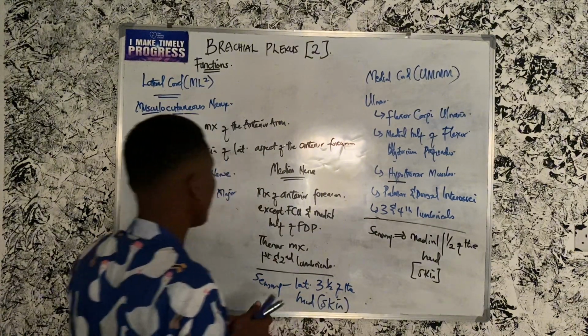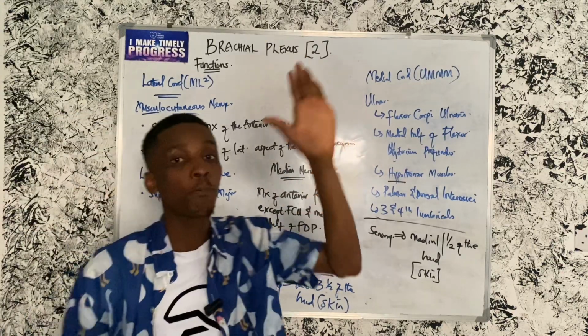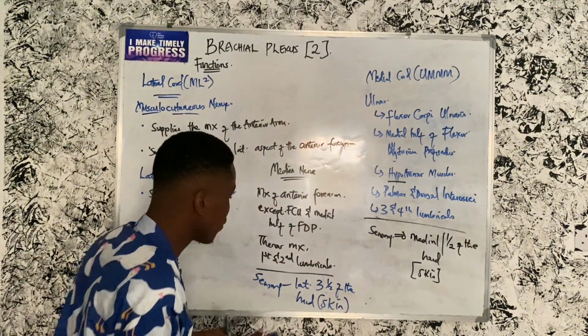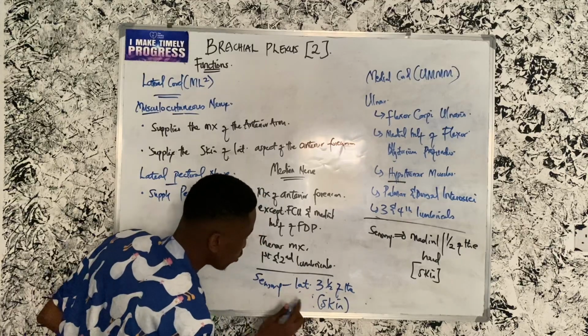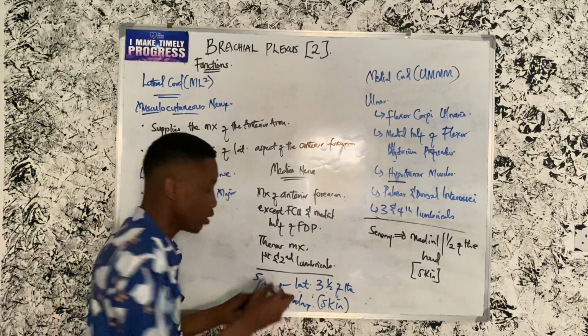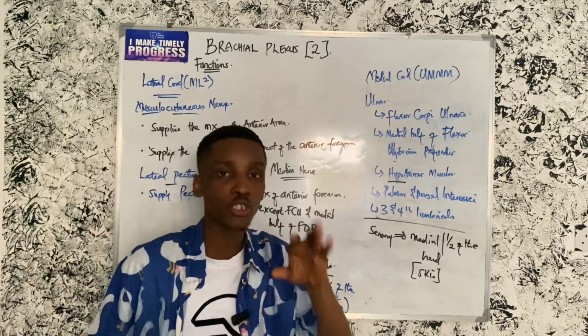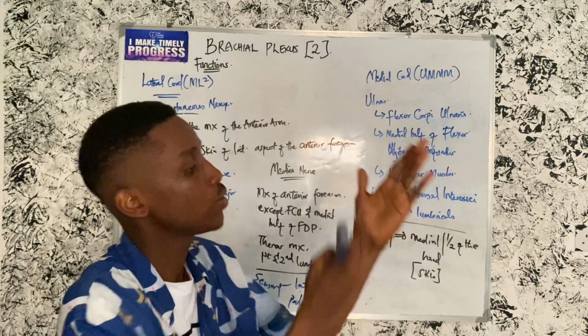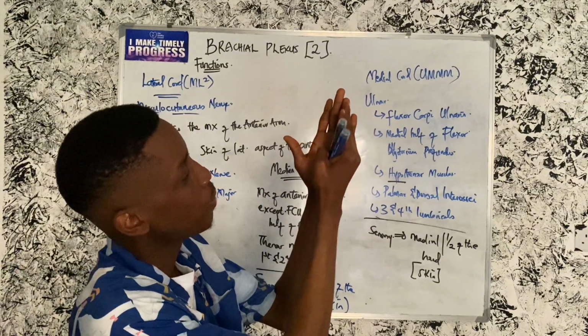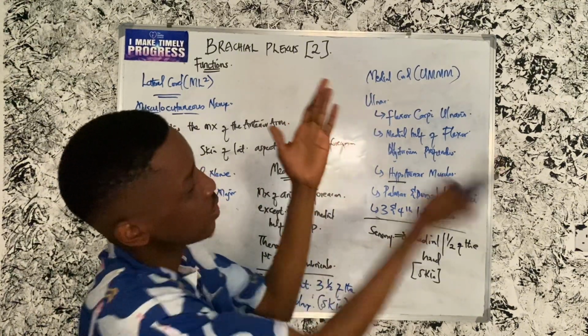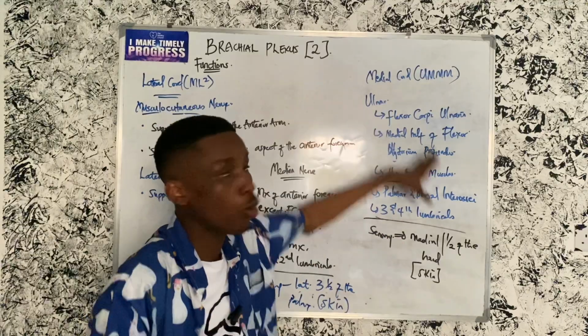So if I'm coming to the palm, please, lateral 3.5 of the hand, I think I should use the better word, the palm. Because this is what happens in terms of sensory supply, which will be my next topic with you, cutaneous innervation. My median nerve supplies 3.5. Then this other 1.5 is supplied by ulnar nerve.